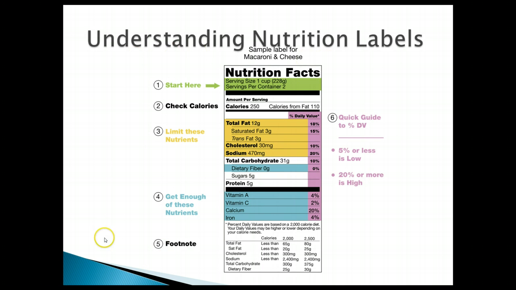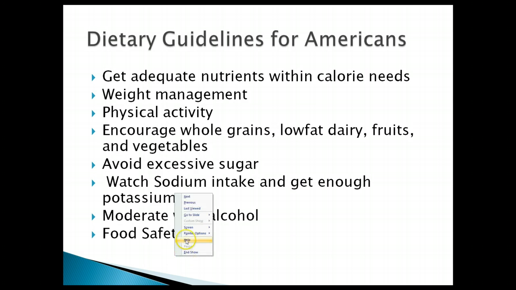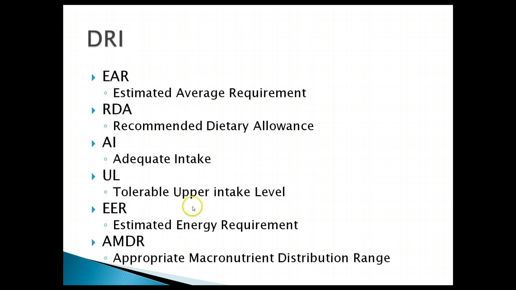Before we go to understanding nutrition labels, I want to talk a little bit about appropriate macronutrient distribution ranges. Those are the proper ranges for your calorie containing nutrients, so your carbohydrates, proteins, and fats.